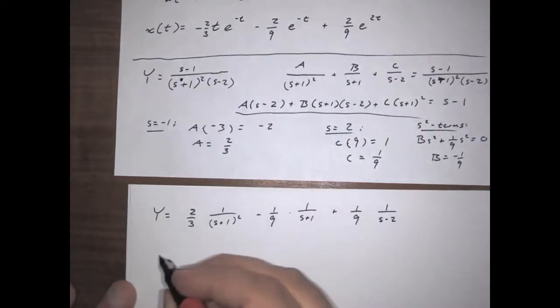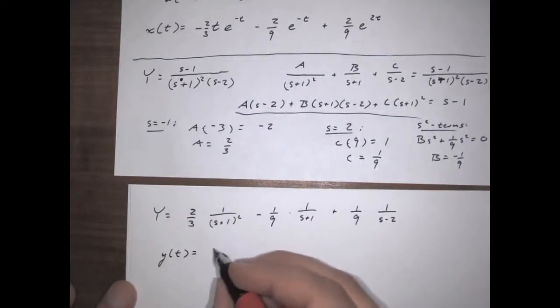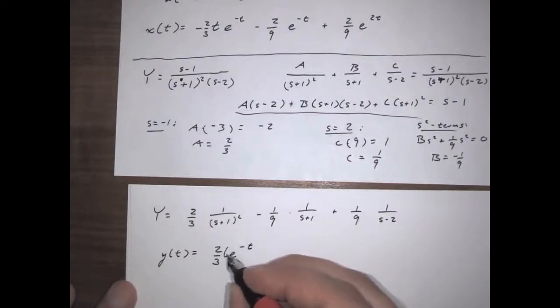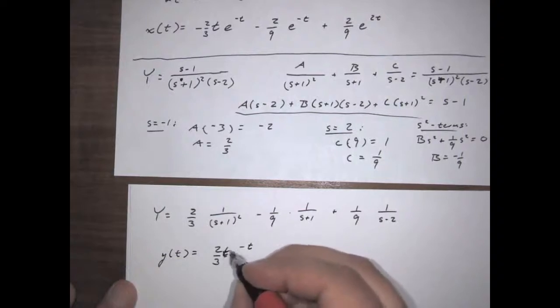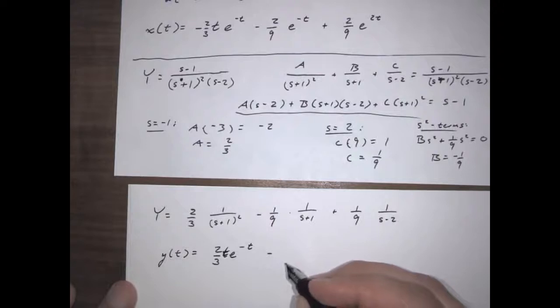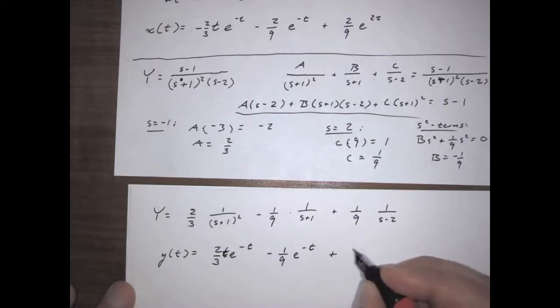So then that means that little y of t we can now find to be positive 2/3 t e to the negative t, by the same logic as before, minus 1/9 e to the minus t plus 1/9 e to the 2t.